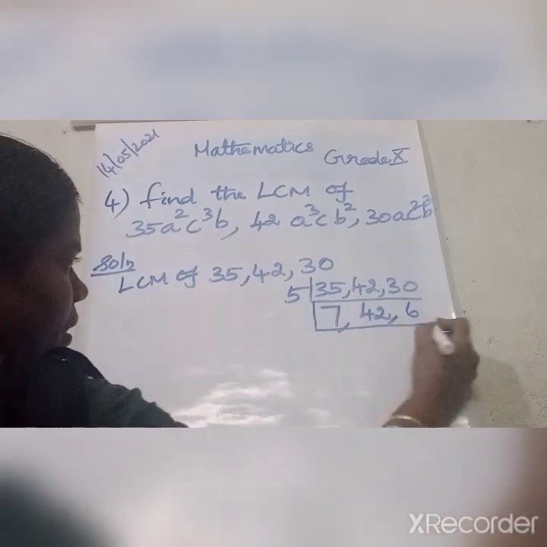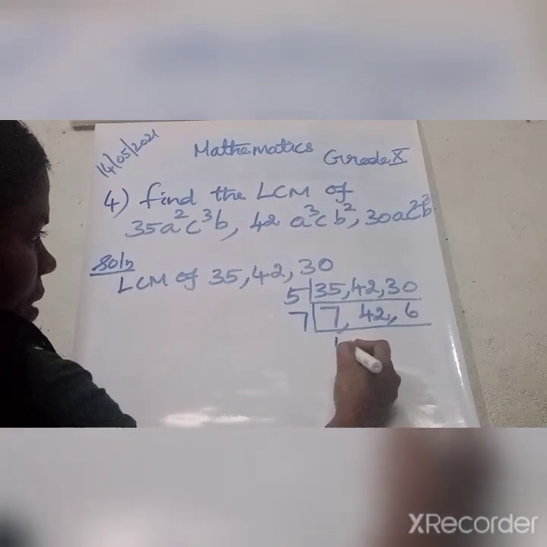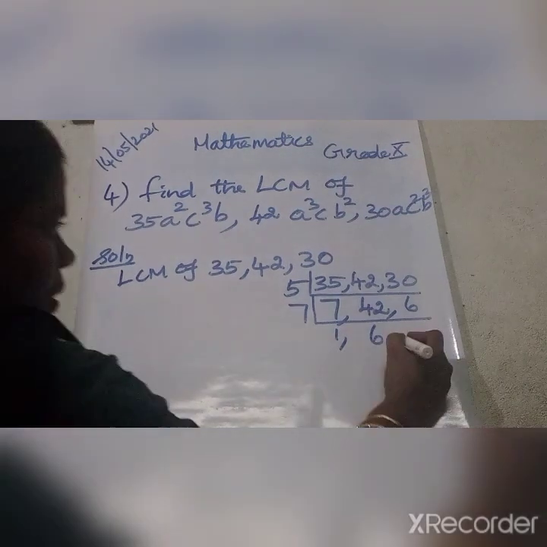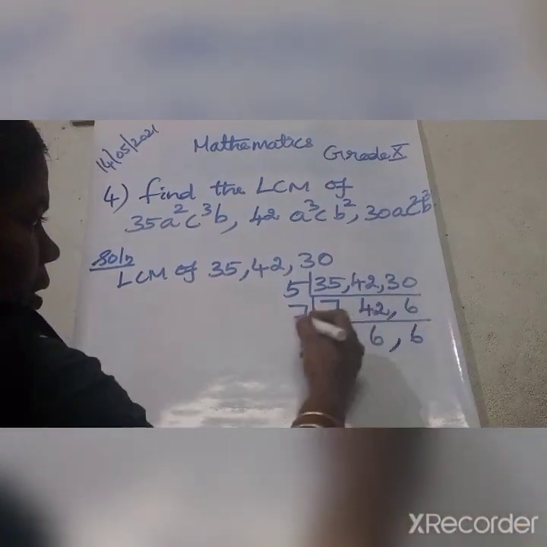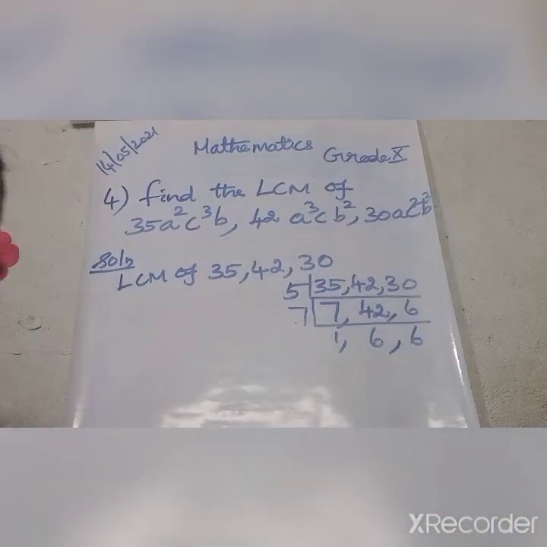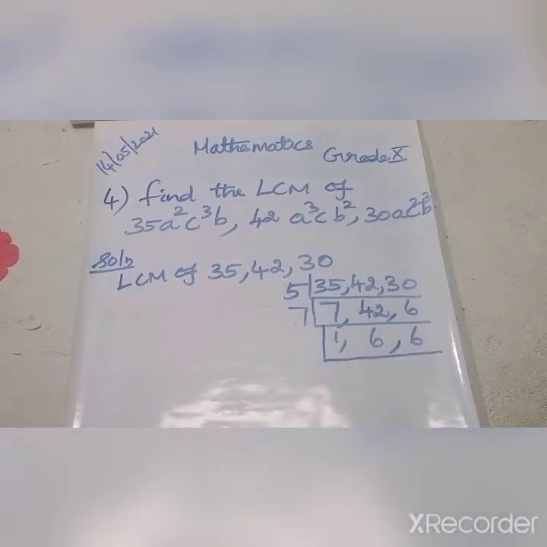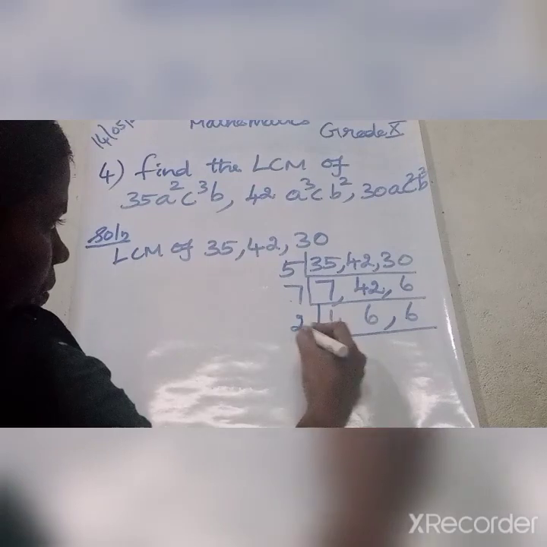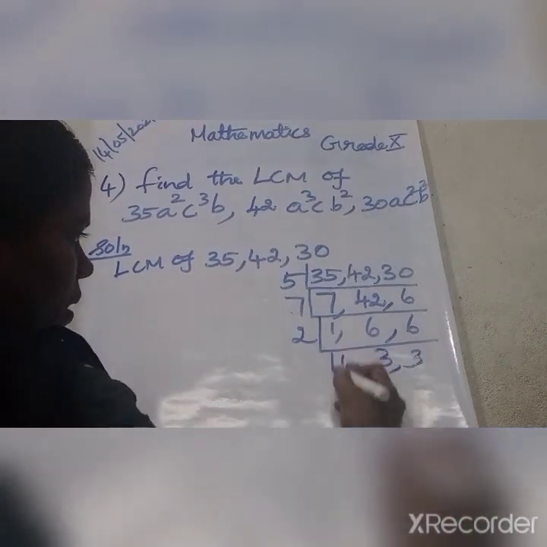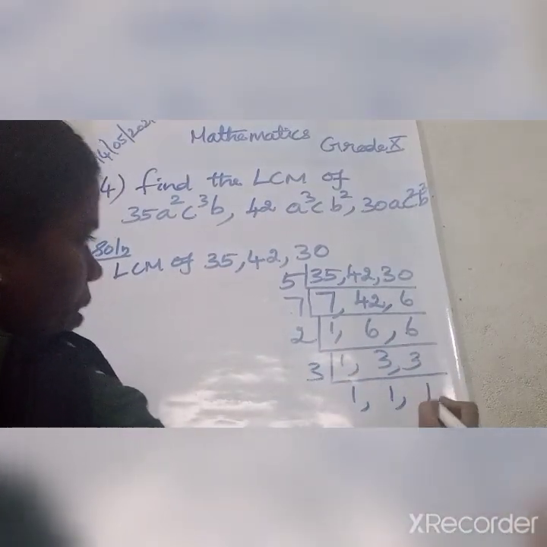Further, the 7 table: 1 7 is 7, 6 7s are 42. The 6 cannot be divided by 7, so write it as it is. Further, among prime numbers let us take the 2 table: 1 as it is, 2 3s are 6, 2 3s are 6. Further the 3 table: 1 1 1.